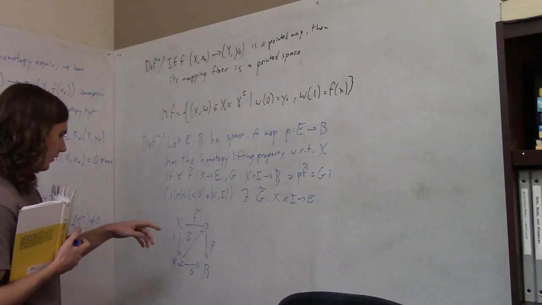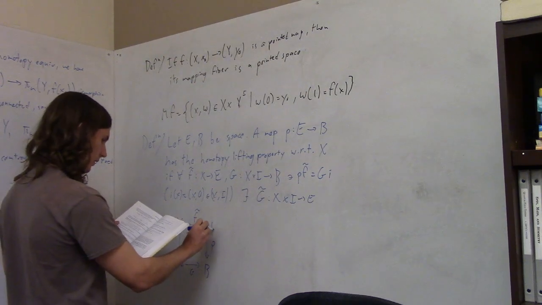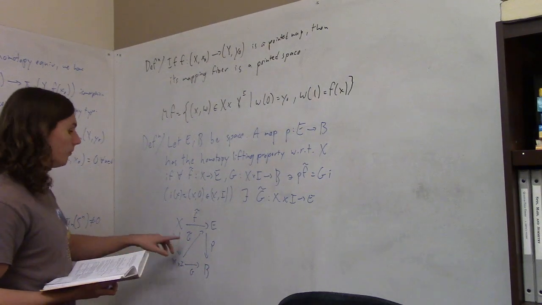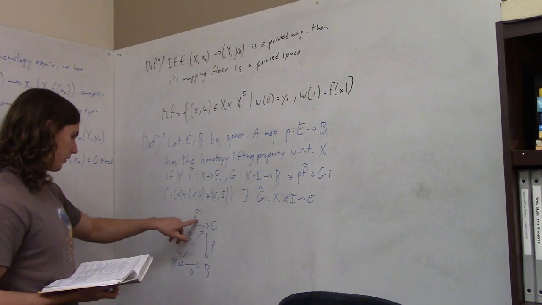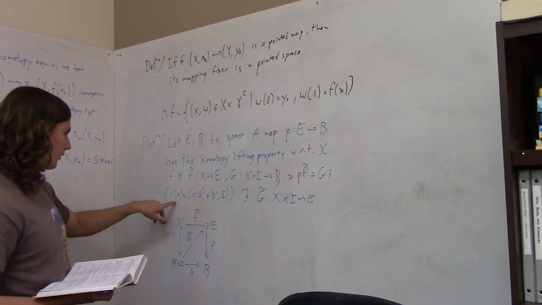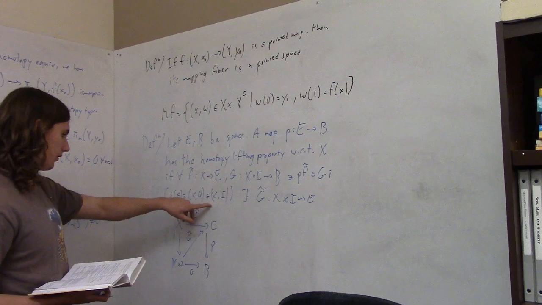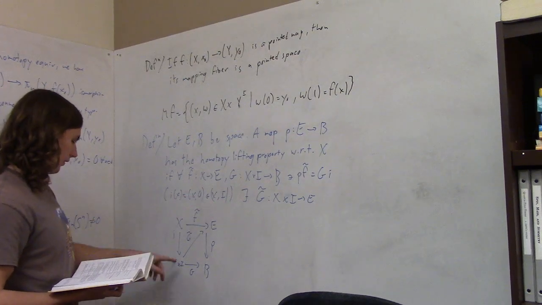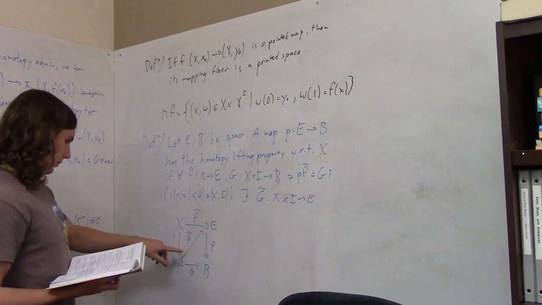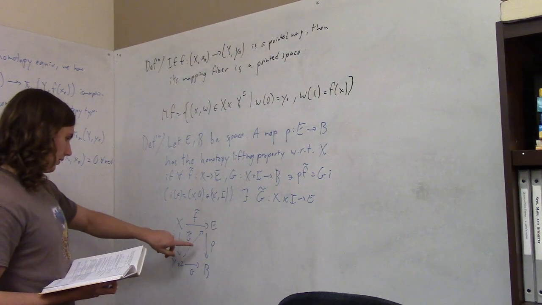Okay, so if we have this mapping p from E to B, and we start with these functions f tilde and g, and this i here that maps x to (x, 0) in X cross I, then there exists a map G tilde that makes these commute.